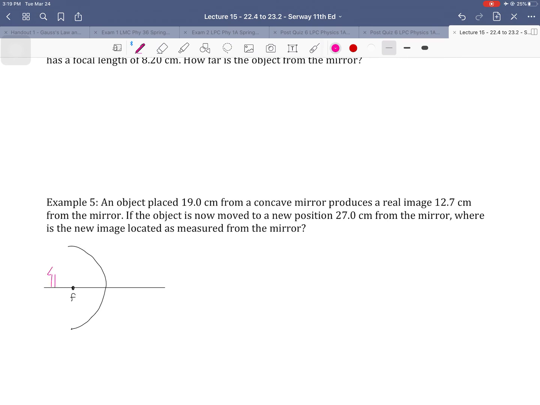This will be our object, and I don't know where f is. I'm just placing it there. This is my guess of where f is, and then I'm going to get a real image, and that one's going to be 12.7. So maybe I'll bring the 19 in a little bit closer, and then have my 12.7 be somewhere over here. All right, and then let's label s and s prime.